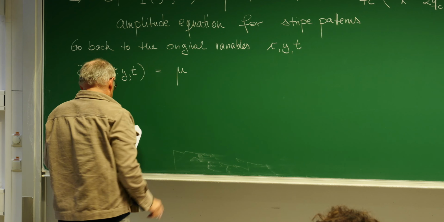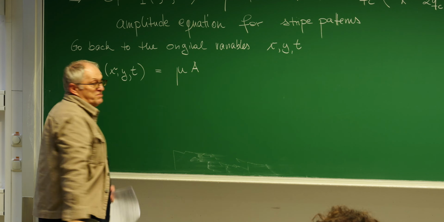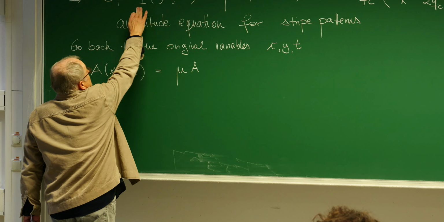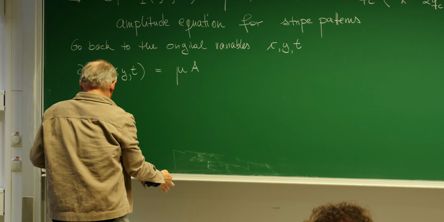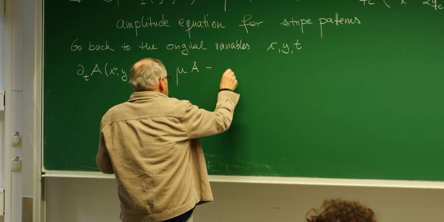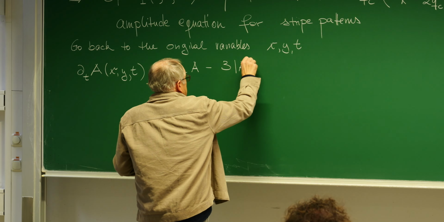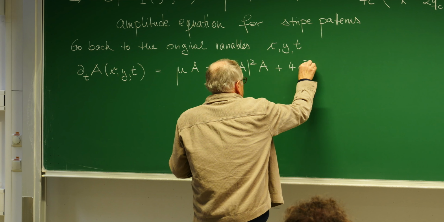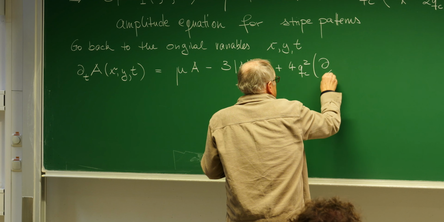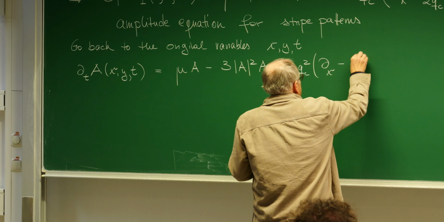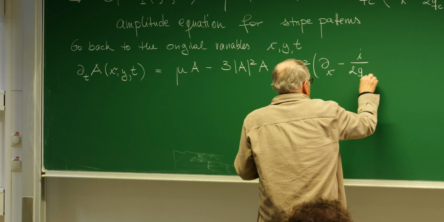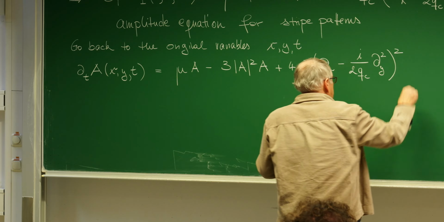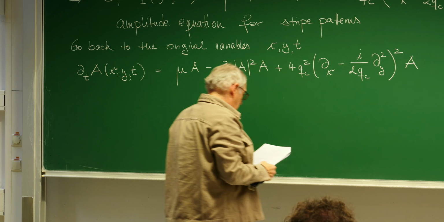It's just that now I'm done with my bookkeeping, so I can get rid of the bookkeeping parameters epsilon. They're all of the same order. This is epsilon squared and so forth. So this is then minus 3 a squared a plus 4 qc squared dx minus i 2 qc dy, squared, acting on A.